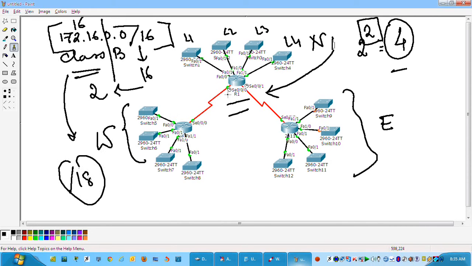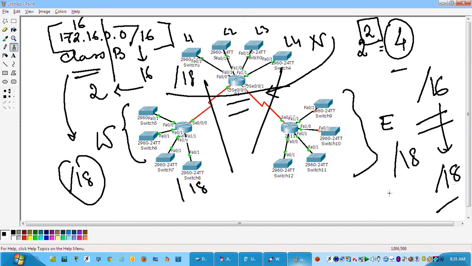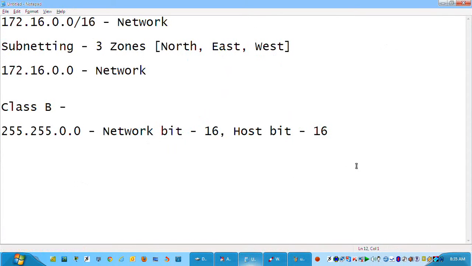All the subnets in these 3 regions will be /18, this will be /18, and this will be /18 as well. How to calculate? What do I mean by /18? From /16 to /18, what do I mean by that? Let's calculate.